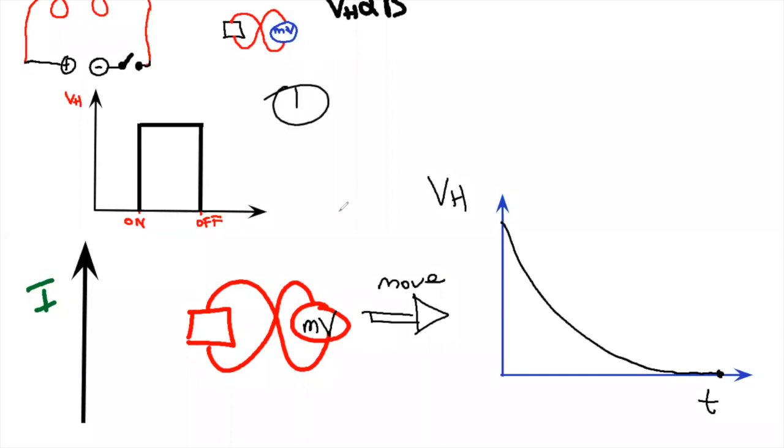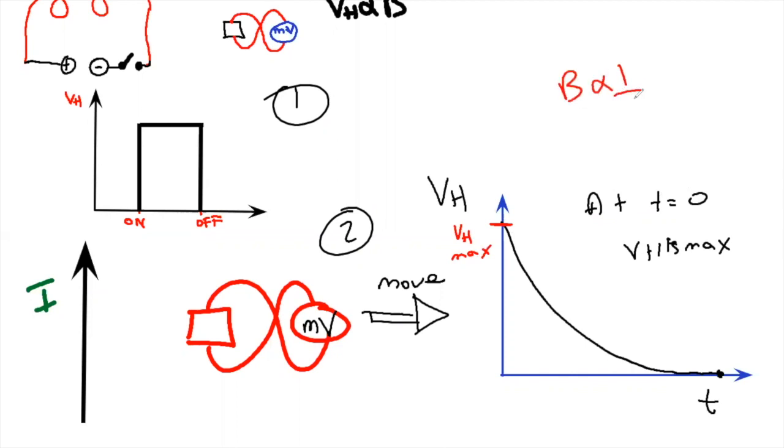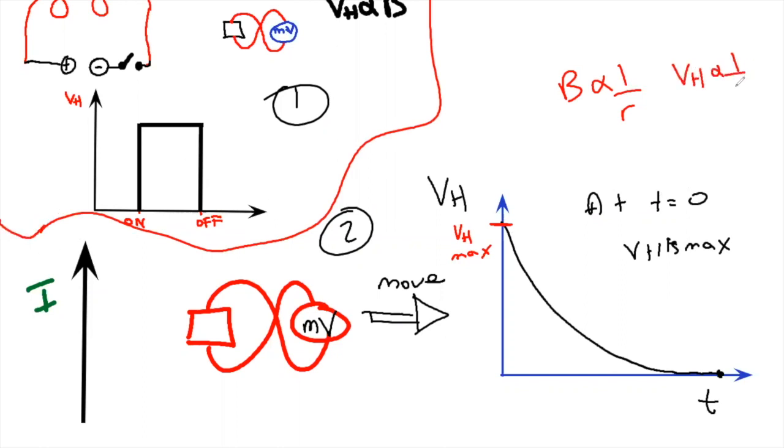So at T equal to 0, VH is max. So this is VH max. And because we know that the magnetic field is proportional to 1 over R, VH is also proportional to 1 over R, because B and VH are proportional to each other.